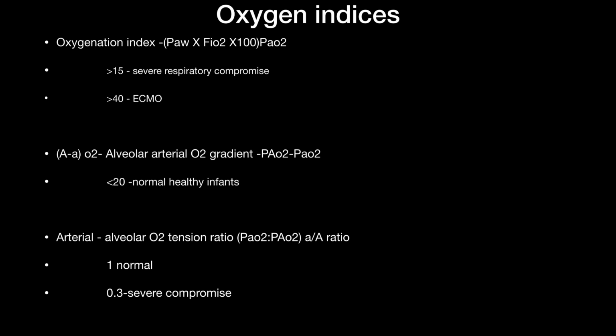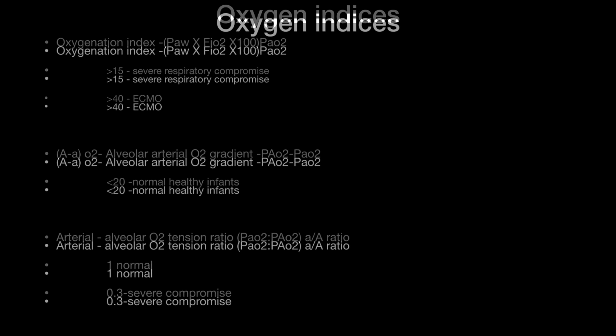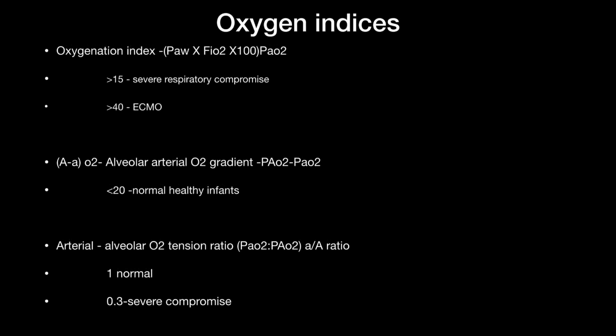The next one is the ratio, or we call it the arterial alveolar tension. It's called the PaO2 A by A ratio. Normally, the oxygen in the alveoli diffuses into the pulmonary capillary till almost all the hemoglobin is saturated there, wherein the normal value of this ratio should be 1.